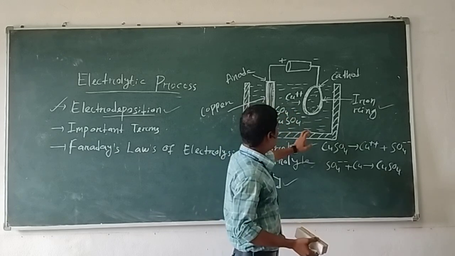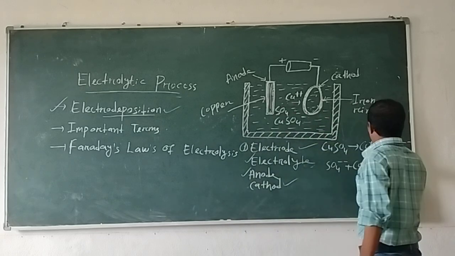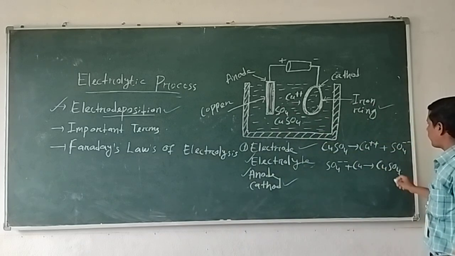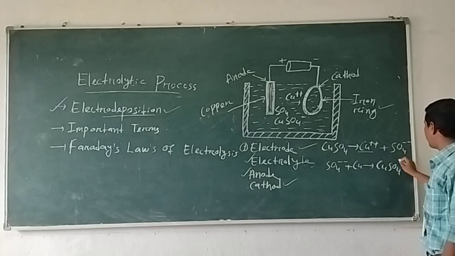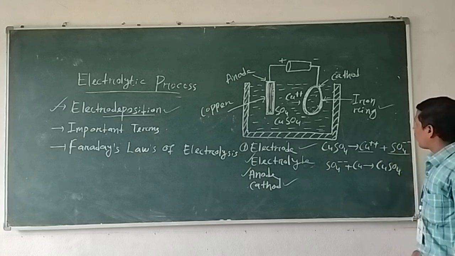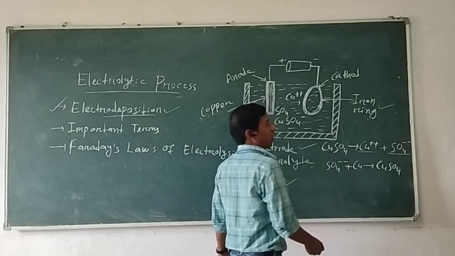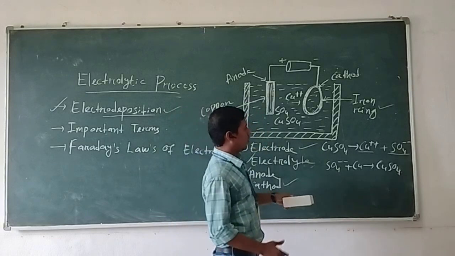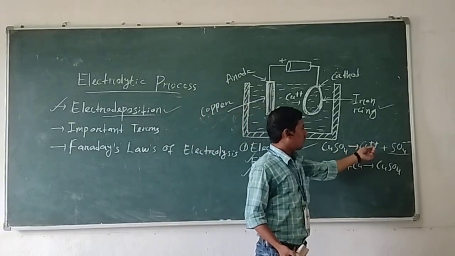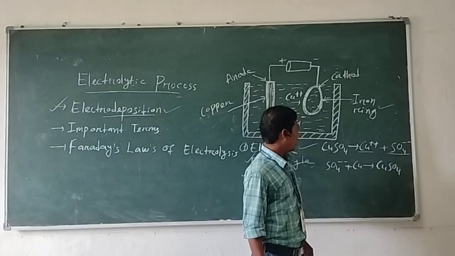That CuSO4 will split into two parts, Cu2+ and SO4 2-. It dissolves into two kinds of ions, positive ions and negative ions.